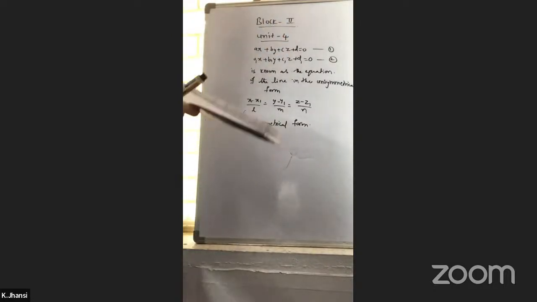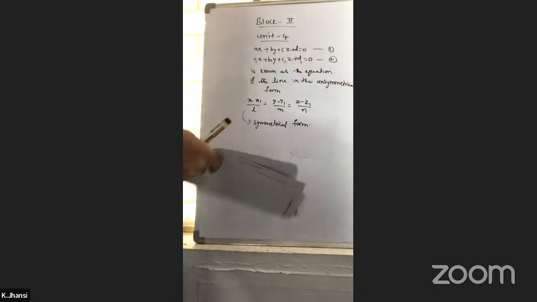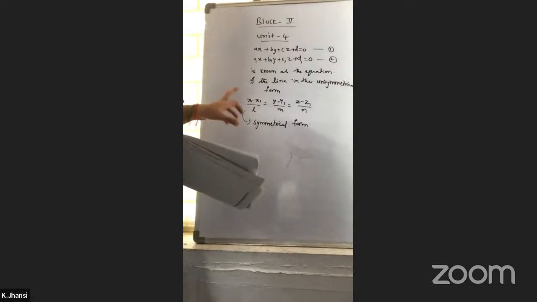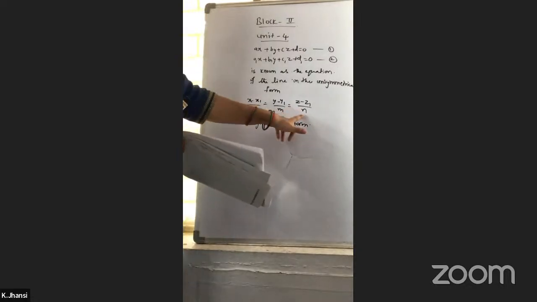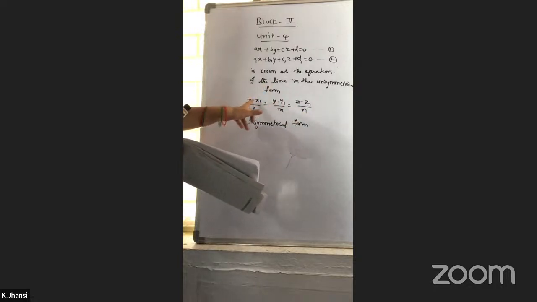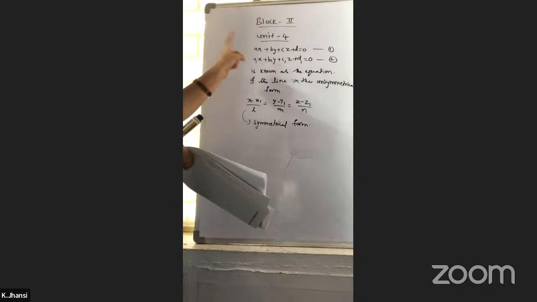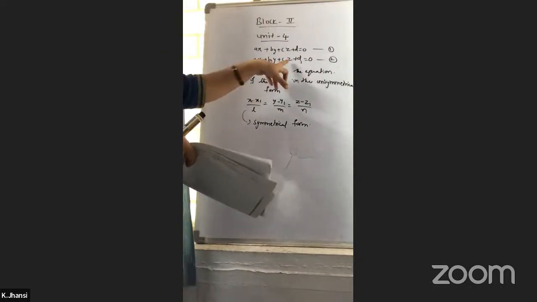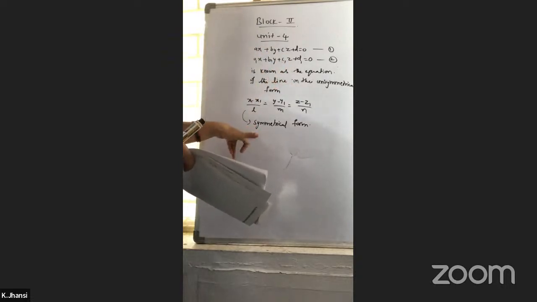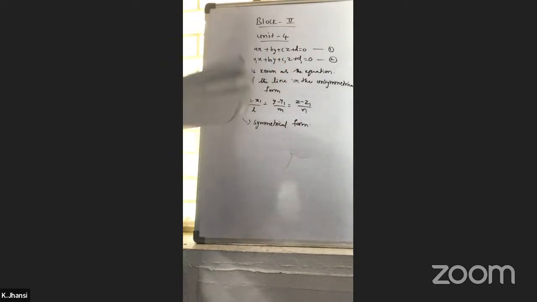After that, by taking the perpendicularity of these two equations, by the cross multiplication method, we can find the L, M and N values. So we have the x, y, z values from the first step and the L, M, N values from the cross multiplication method. If you substitute in this formula, the unsymmetrical form will be converted into symmetrical form. That is the one problem you have here.